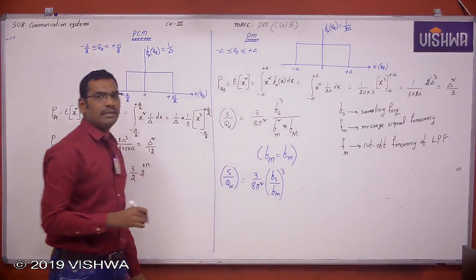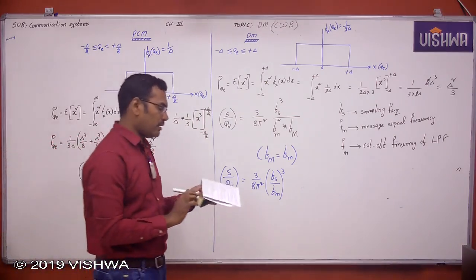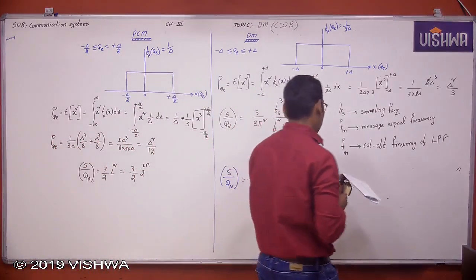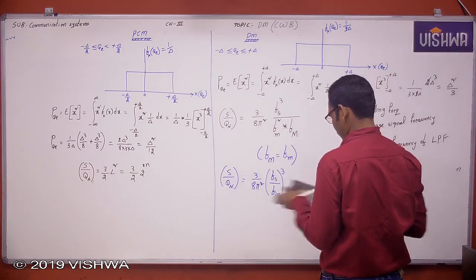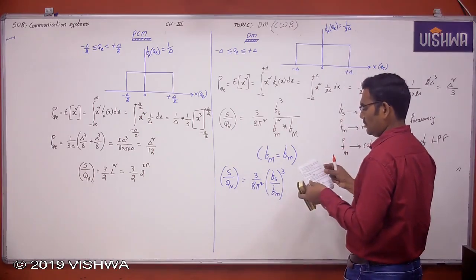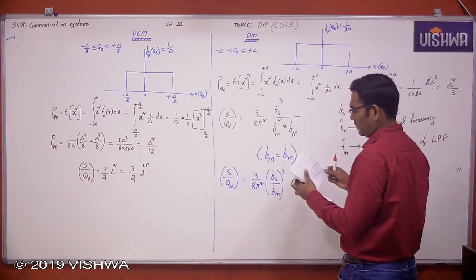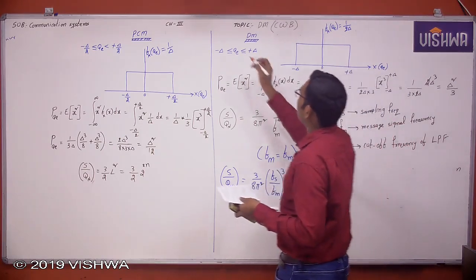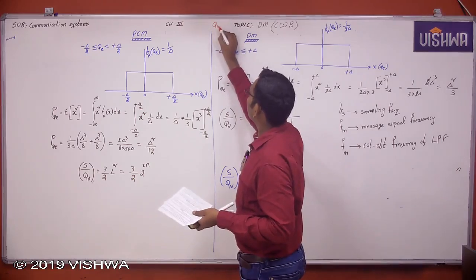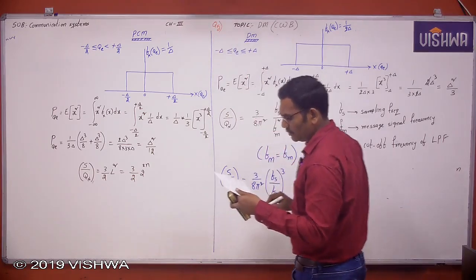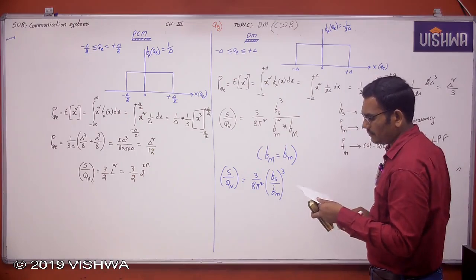Now why am I giving this comparison? Because in our classroom workbook there is question number 5. This is question number 5 in our classroom workbook delta modulation problems. Now there is a question like this.